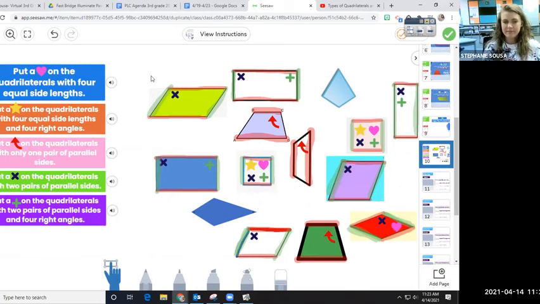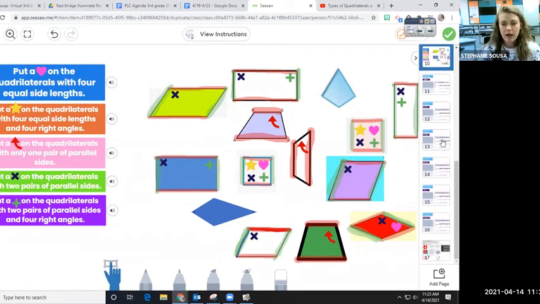All right, kids. This is a visual representation of all the families that a quadrilateral can belong to. Look at all of the attributes that these quadrilaterals share, okay? You will use this to help you complete the independent work today.